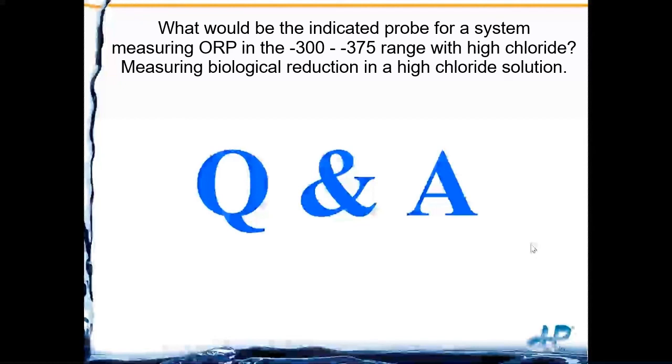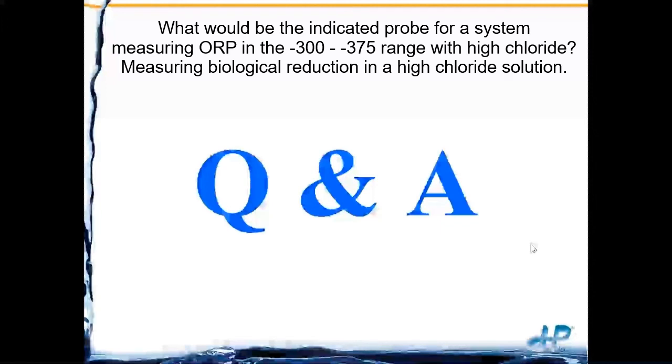Okay, next question here is, what would be the indicated probe for a system measuring ORP in the -300 to -375 range with high chlorides, measuring biological reduction in a high chloride solution? There, you're going to need a reference that is at least probably a double junction, if you're going to use a traditional reference.